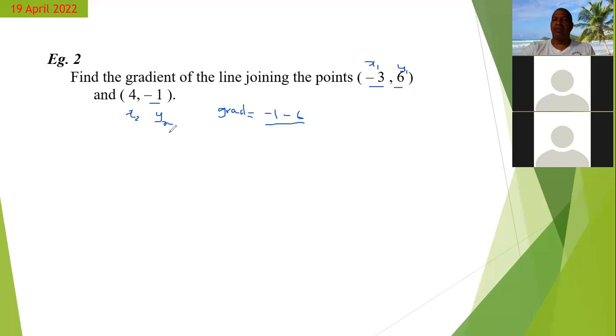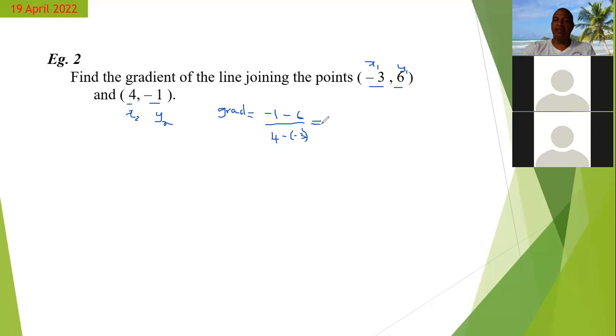And for the x value, we have x2, which is 4, and now we're taking away x1, which is minus 3. So we are minusing a minus, so we have to put this negative 3 in brackets and then subtract it.